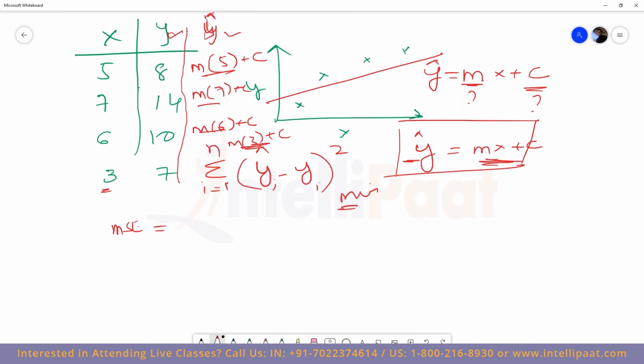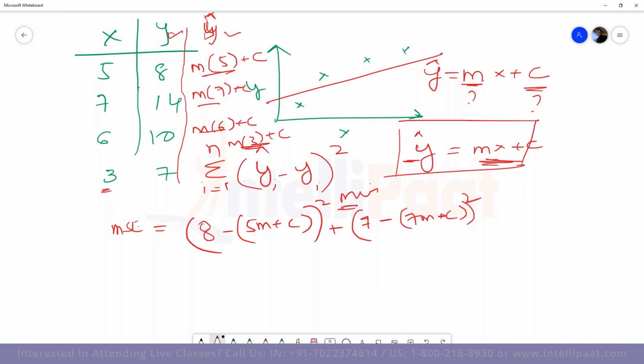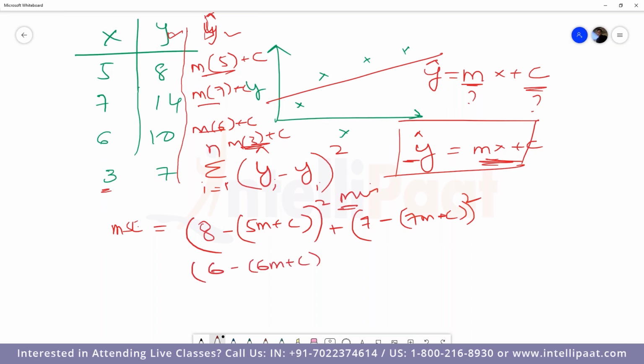So my mean squared error equation will simply look like this. For data point 1, my actual value is 8 minus my predicted value 5m plus c, the whole square, plus for the second data point, 7 minus 7m plus c, the whole square. Similarly, for the third data point, sorry guys, my bad, a small mistake.